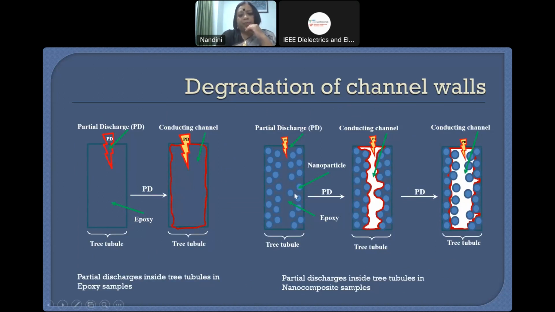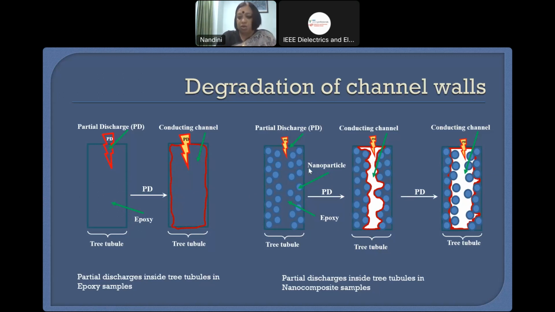Now, our hypothesis is that if you have treeing in nanocomposites, there are also particles. This is, of course, a schematic representation. We're unlikely to have so many particles on the walls. You have particles sitting on the walls, and when the partial discharge happens, the walls are not degraded as much as they would be in the neat epoxy. The particles resist degradation, so there is not that amount of widening.